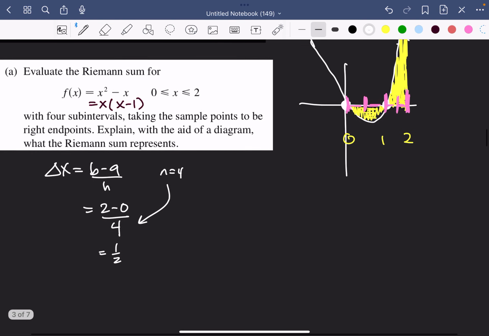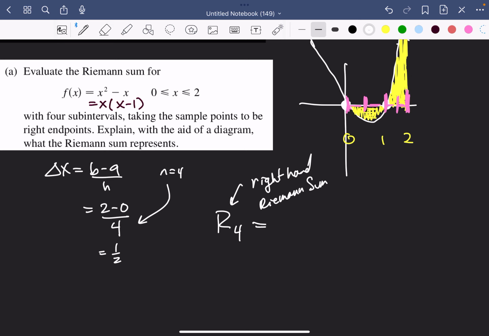And so we're doing a right-hand Riemann sum with 4 subintervals, using the right-hand endpoint.